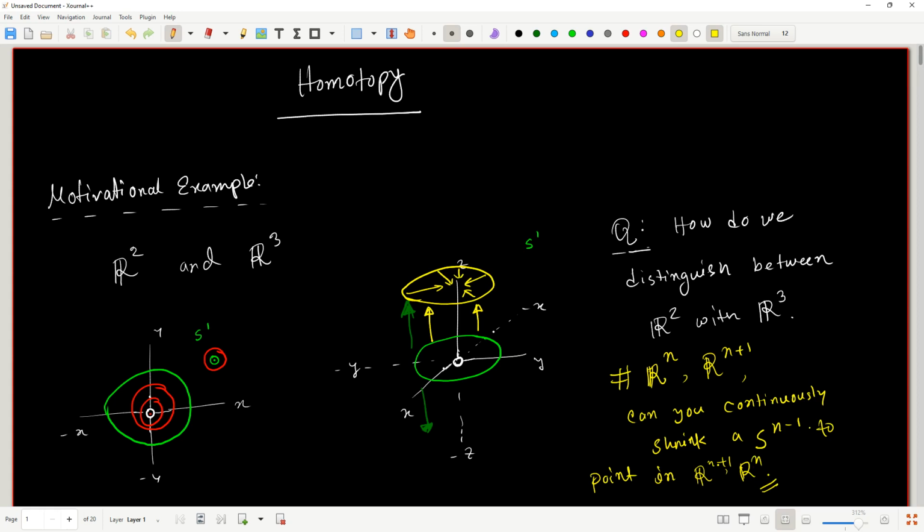So this is a way. That means again these holes are ways to distinguish between spaces, right?